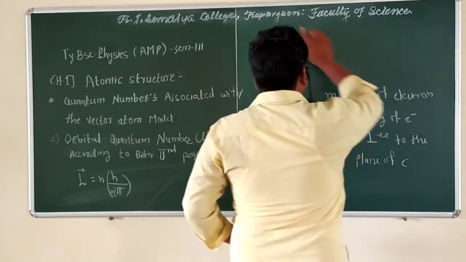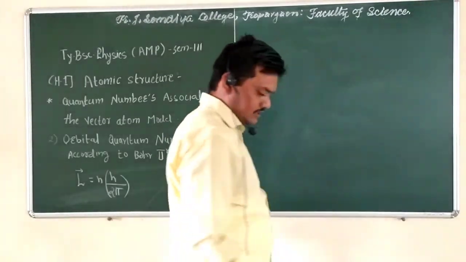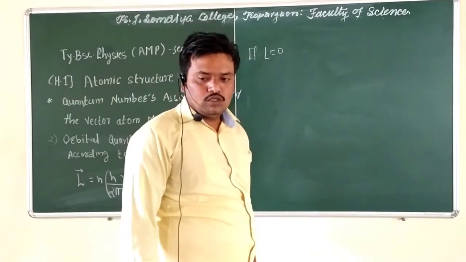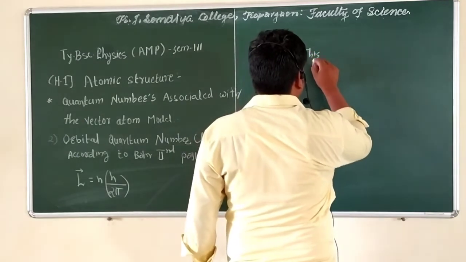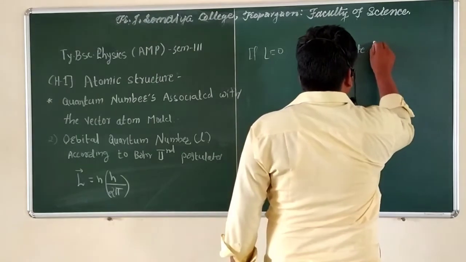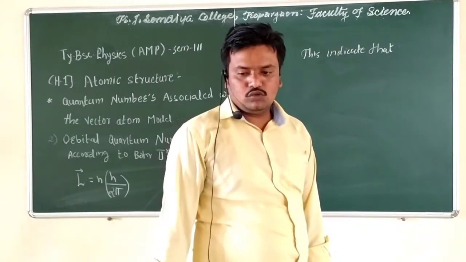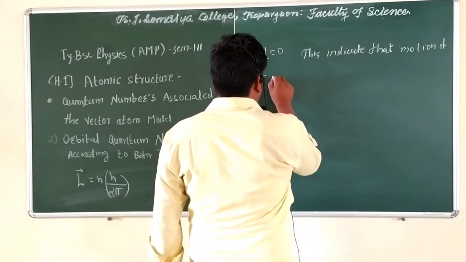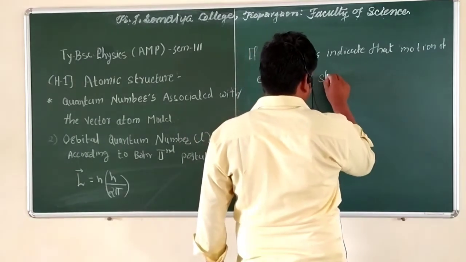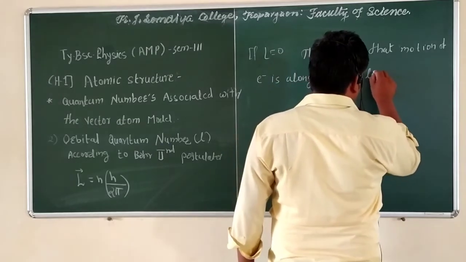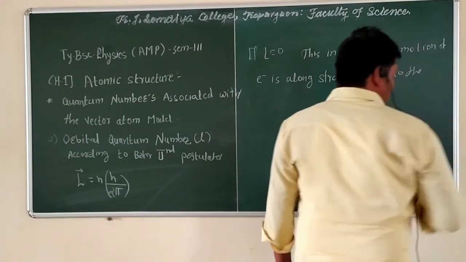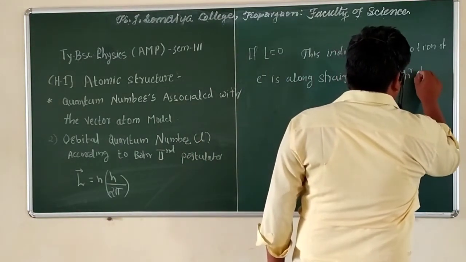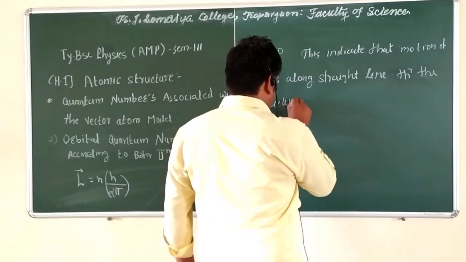So that is the first condition according to the Bohr model's second postulate: if L is equal to 0, the motion of the electron is along a straight line through the nucleus.